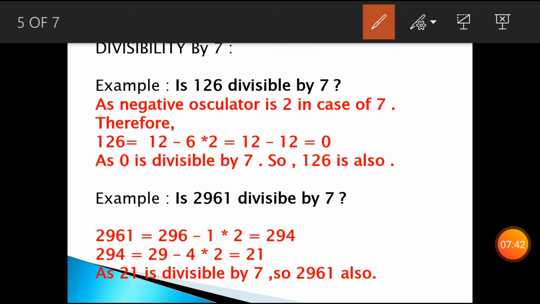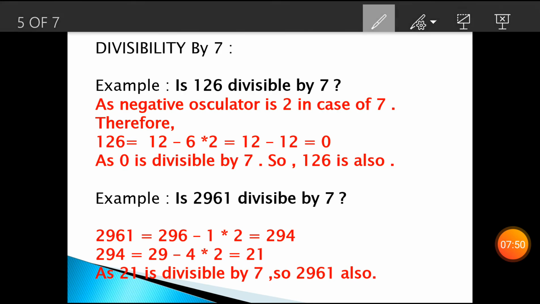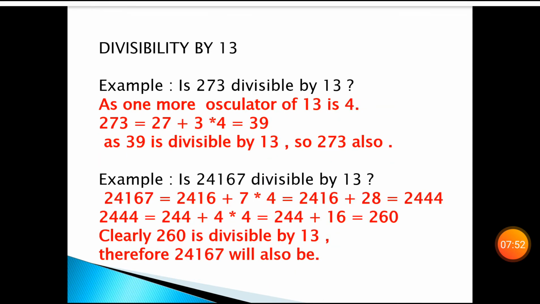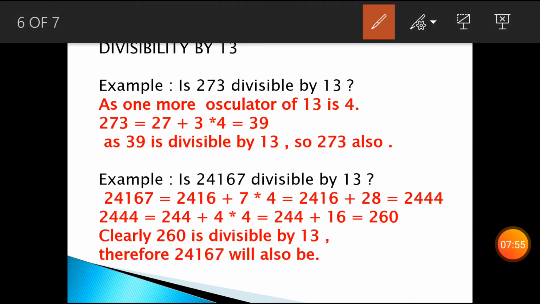Now you see how this is going to help us find out the divisibility by 13. Just look at it. In the case of divisibility by 13, the example I have picked is 273. The method is almost the same.